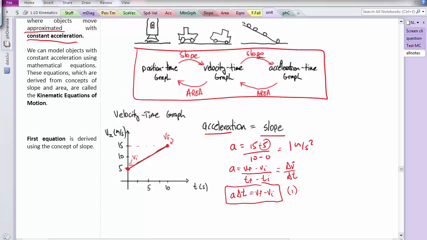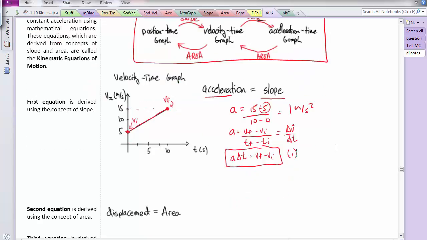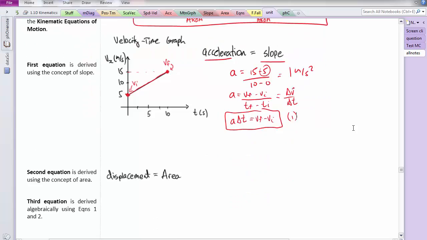Let's now look at area. We know that if we take the area under a velocity time curve, we get displacement. To do that, we have to divide this into two parts: one big rectangle and one big triangle. We'll call the rectangle area 1 and the triangle area 2.